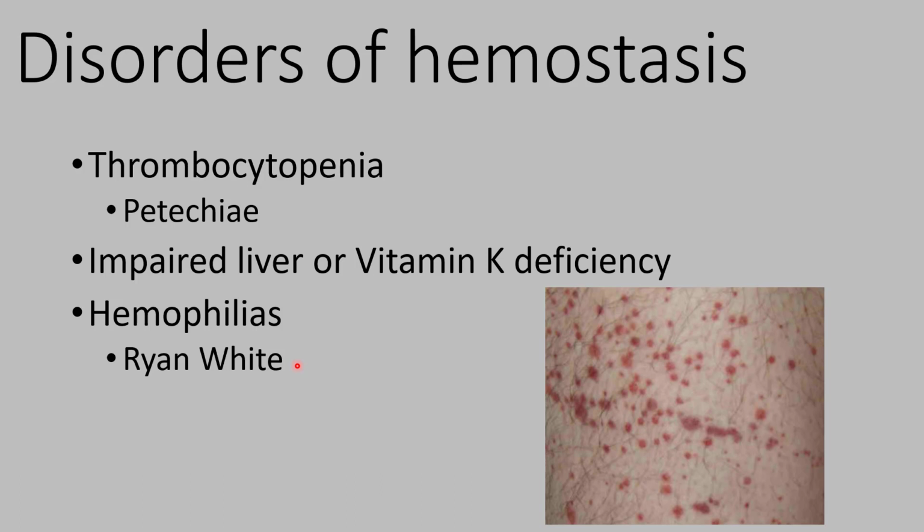And this was at the time when the HIV/AIDS scare was just beginning. HIV/AIDS, it was a thing, but it was not getting very much attention at all. But Ryan White went to get an injection for his hemophilia, and it happens that the blood that he was injected with had HIV and caused Ryan White to get HIV/AIDS.